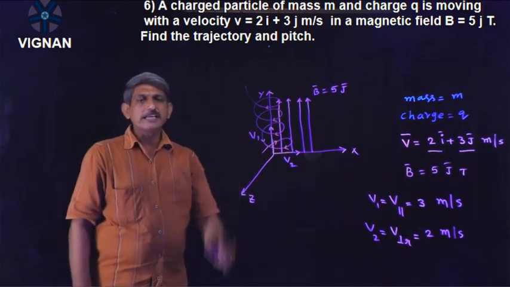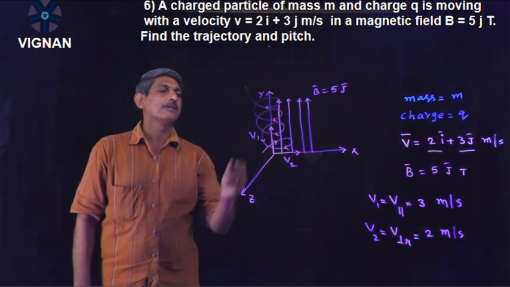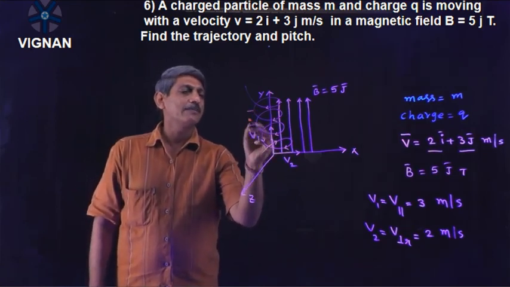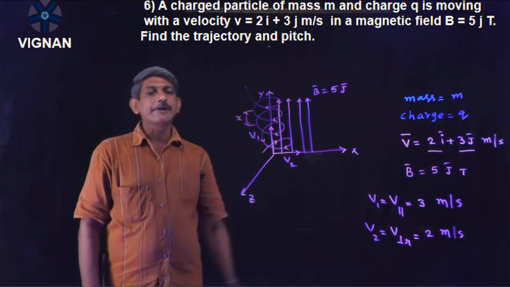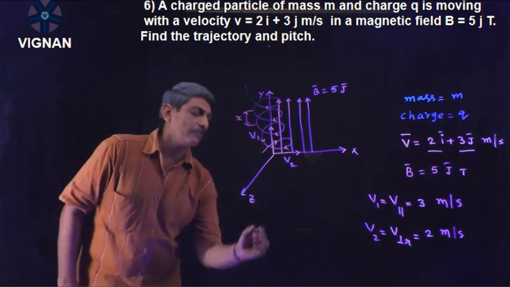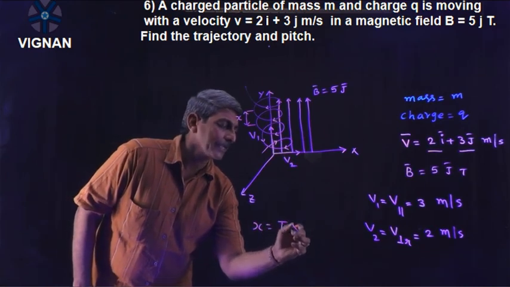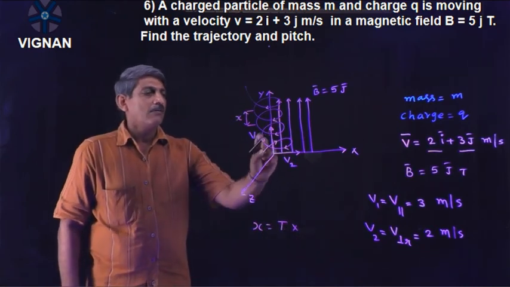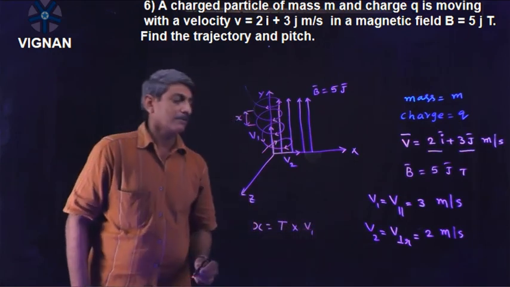Now for this trajectory, we want to determine the pitch. You know that pitch is nothing but the distance advanced by the particle during one time period, and it is given by the formula x = time period into the velocity parallel to the magnetic field, that is here v1.